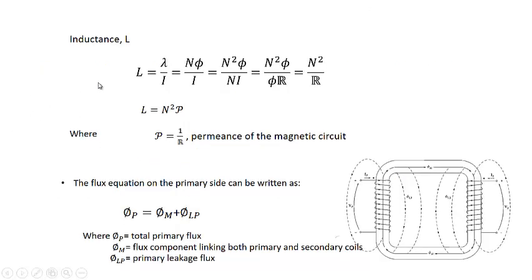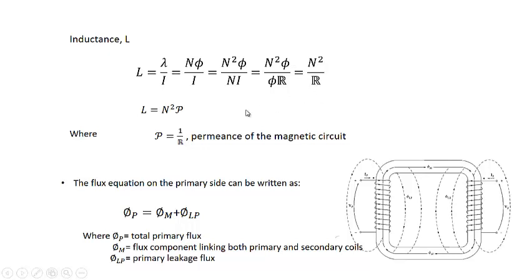Let us first discuss the inductance, because we are arriving at the inductance. L is equal to lambda by I, where lambda is the total flux linkage, that is N phi, divided by I. Let us multiply by N on numerator as well as denominator to get N square phi divided by N into I. This N I is the total mmf, and for a magnetic circuit whose reluctance is R, this N I is equal to phi into R. So phi and phi cancel out, and L is equal to N square by R, where R is the reluctance of the magnetic circuit.